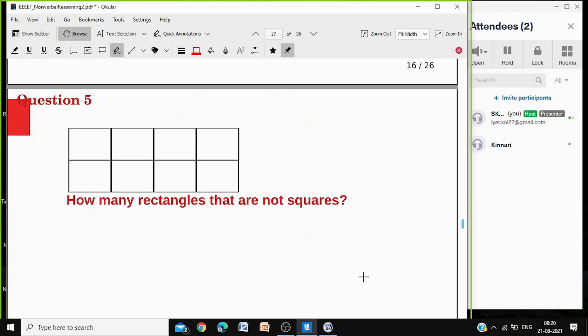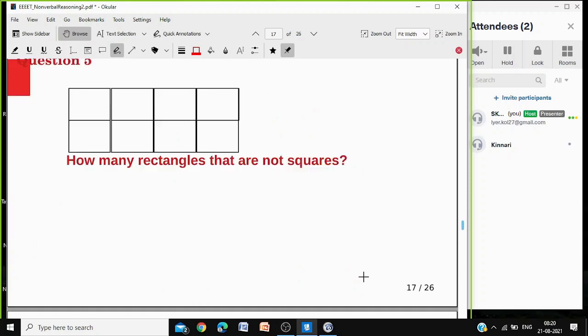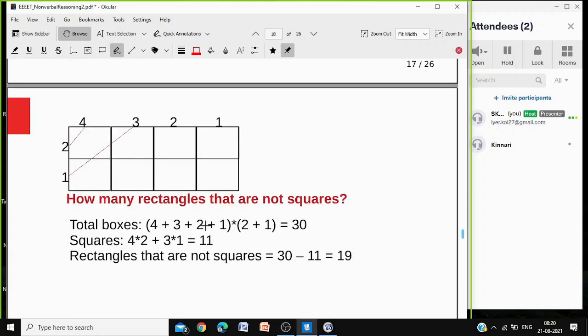How many rectangles are not squares? Same method, there is only reinforcement. For rectangles and squares, total boxes, add, here you are getting 10. Vertically add, here you are getting 3. And when you multiply, you will get 30. That is all kinds of boxes.